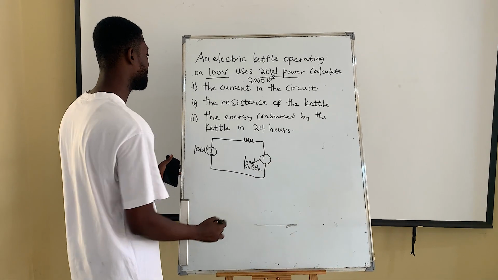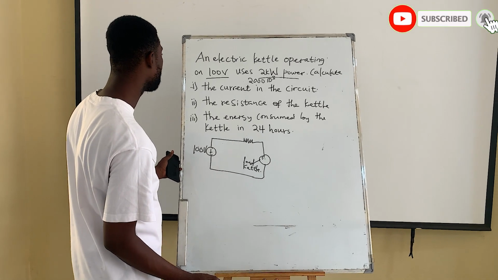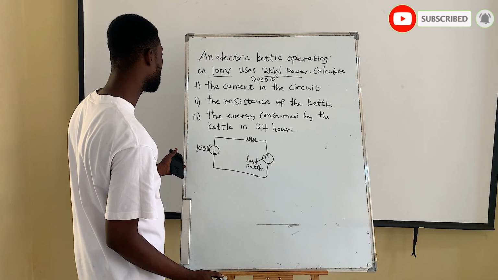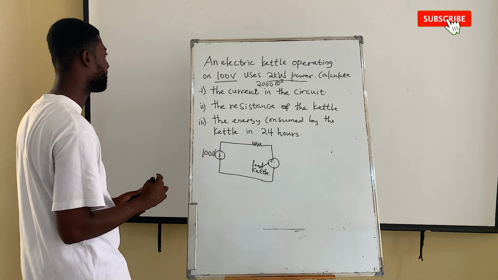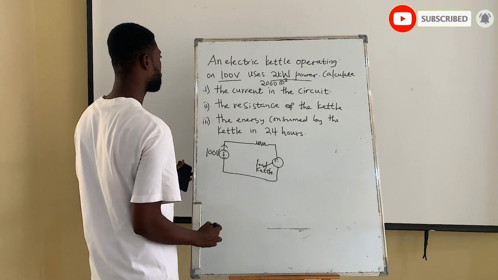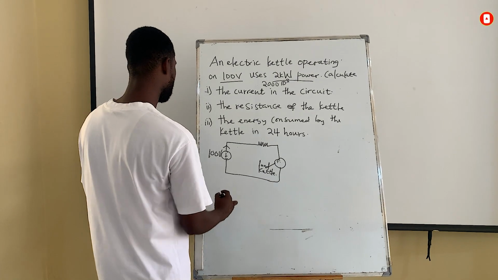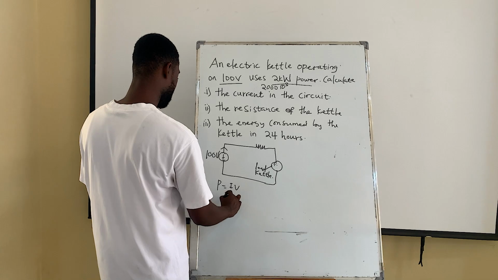So to calculate the resistance in the kettle, then we have to now calculate what? The current first. So what is the current which is being produced by this source voltage? Remember we said what? Power is equal to IV.